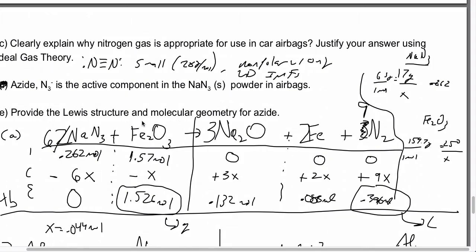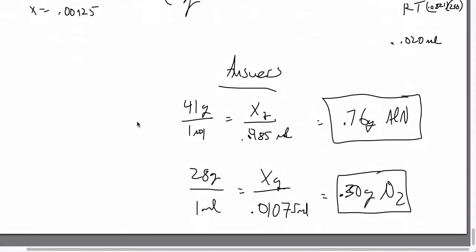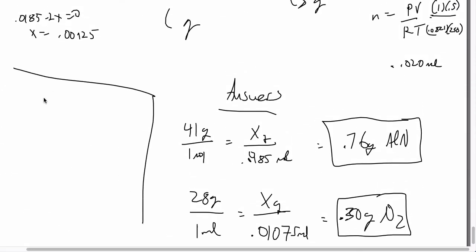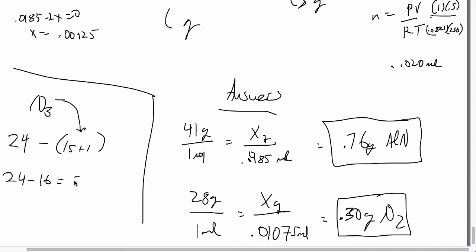So provide the Lewis structure and molecular geometry for azide. So let's do azide here. Azide is N3 minus, so that's going to be 8 times 3, 24, minus have, which is 5 times 3, which is 15, plus 1 for that electron. So 24 minus 16 equals 8.